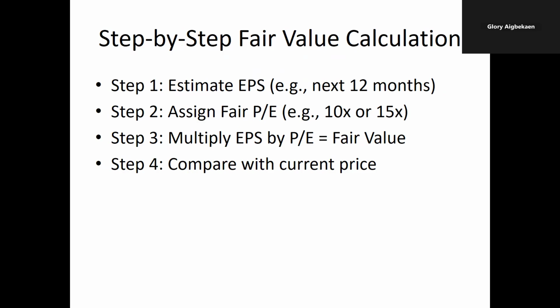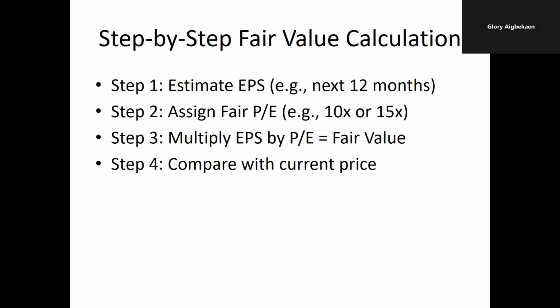Let's now look at the step-by-step calculation of fair value. You estimate EPS, estimate earnings for the next 12 months. That is step one. Assign fair PE. Like we said, either you are using the historical PE of the company or you are using the industrial average.